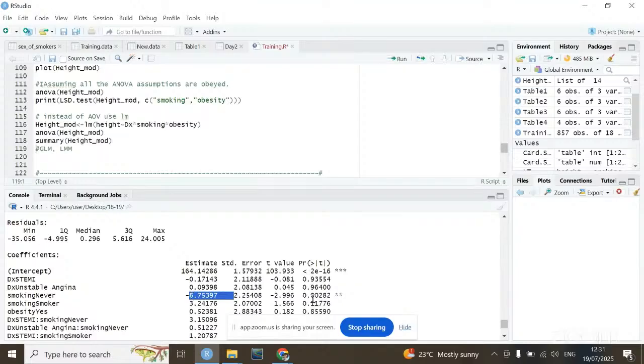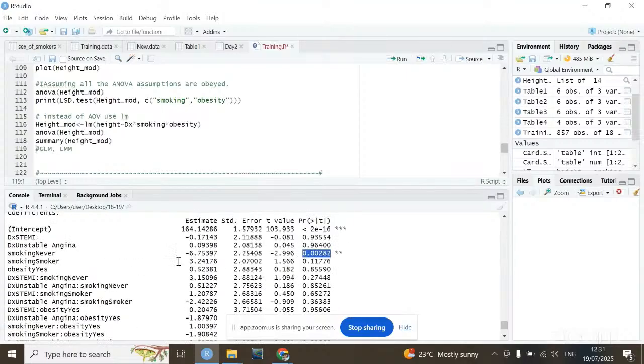So that negative relationship is significant. So this is the coefficient. This is the p-value, which indicates whether the coefficient is significant. So this is like a regression. This is more of regression.